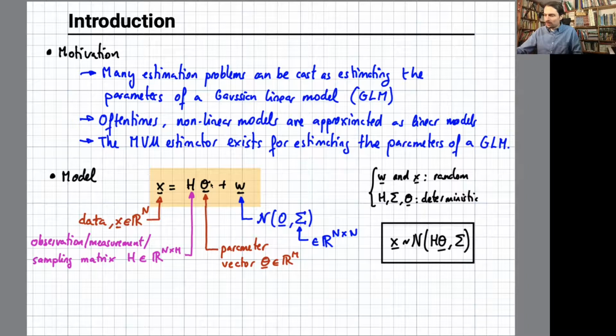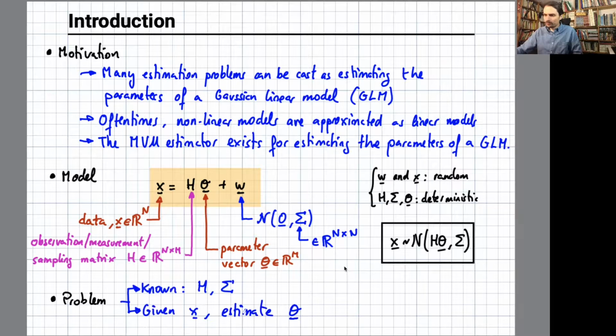This first term is the mean, and this the covariance. Okay. We will assume that this H and this sigma are both known, okay, and our problem will be to estimate the parameter vector given the data X.